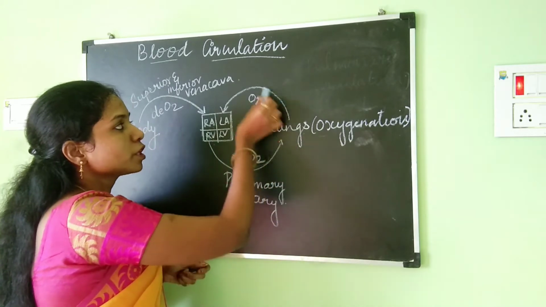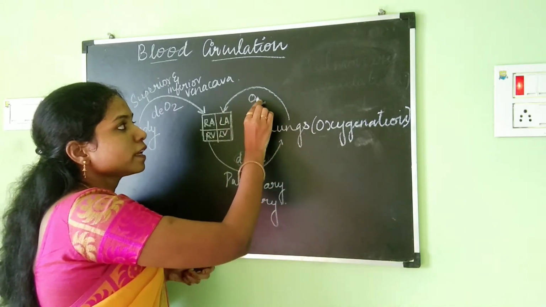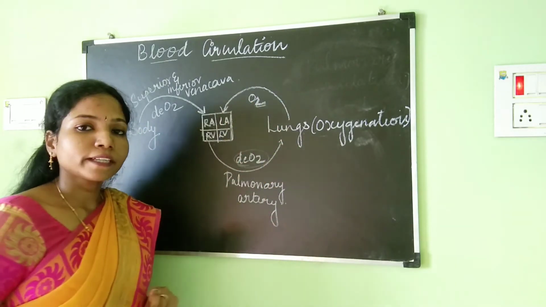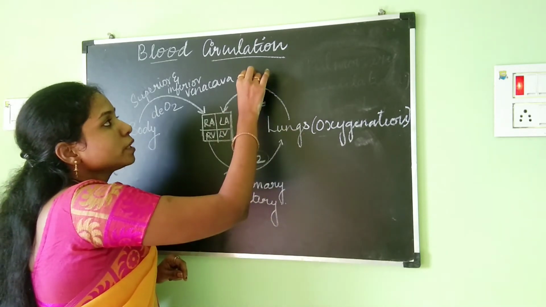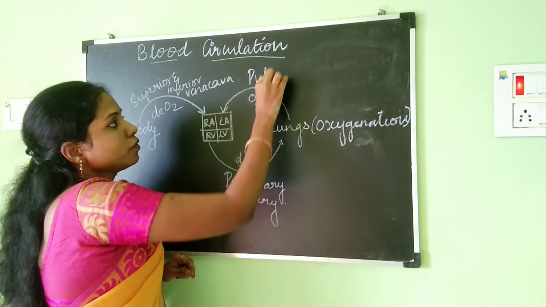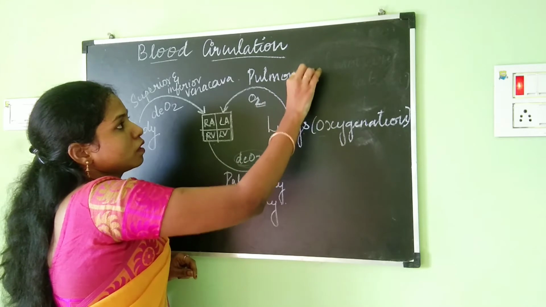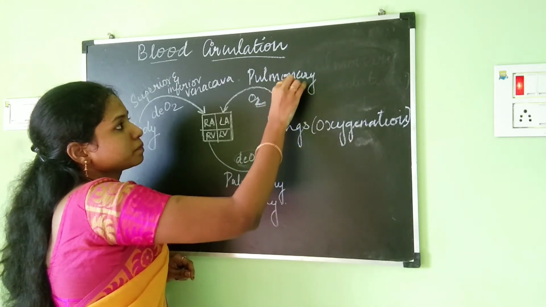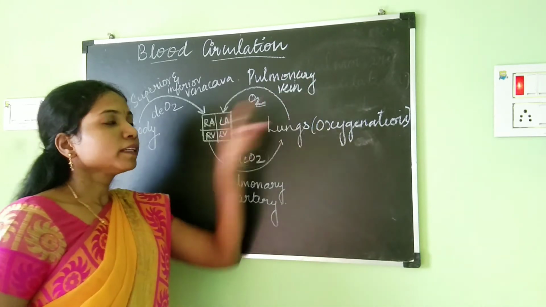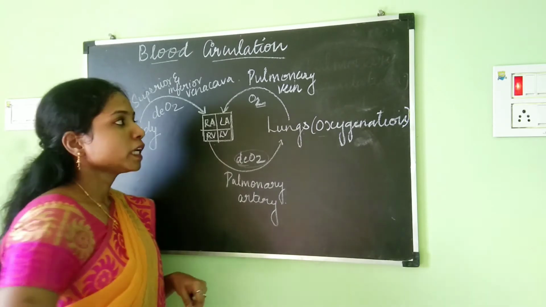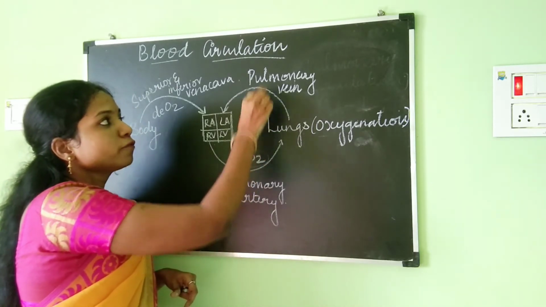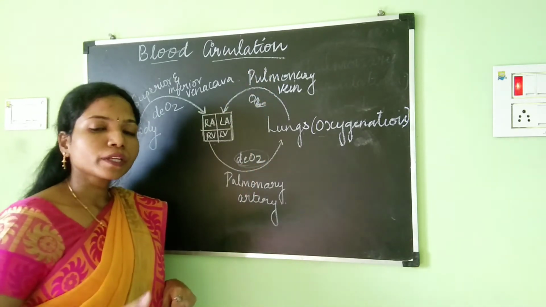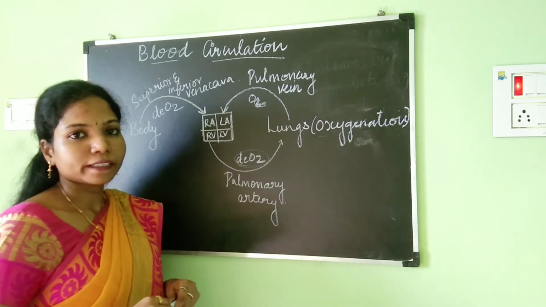So the blood entering into the left auricle is the oxygenated blood, and it is transported with the help of the pulmonary vein. The pulmonary vein is the only vein which carries oxygenated blood. Apart from the pulmonary vein, all the other veins carry deoxygenated blood.